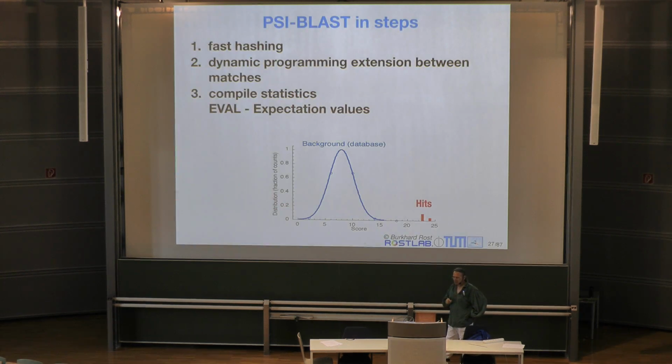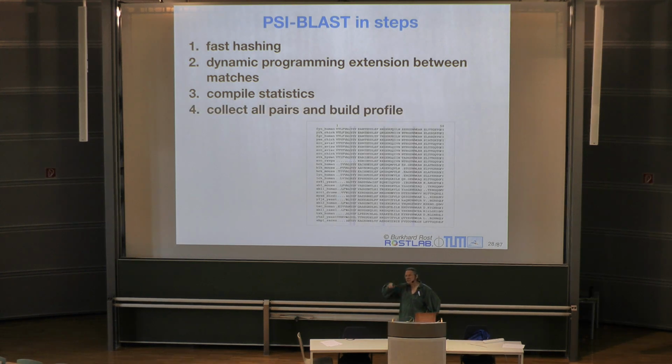Again, the problem really is to compile the right statistics. Once I have the statistics, I simply can do the same thing again and again. So I can run the one protein against 150 million, and then I find a set of proteins that are similar. They're all pairwise similar. None of them uses this idea of a profile.